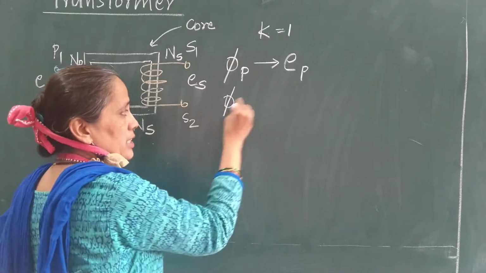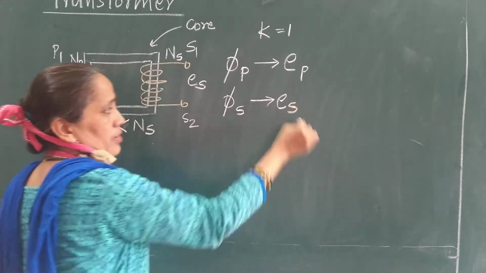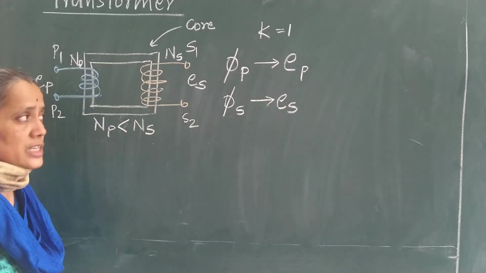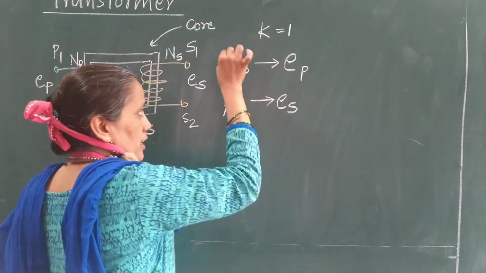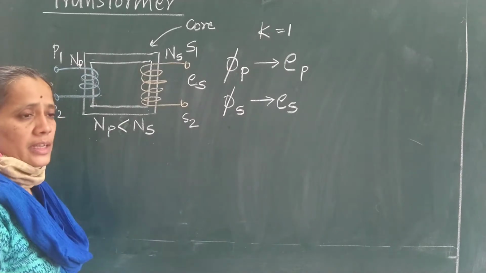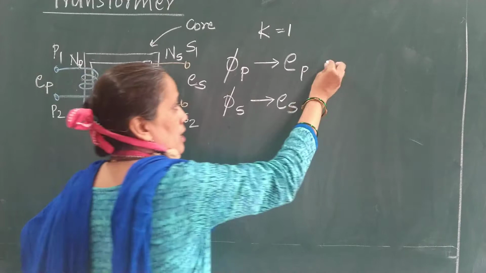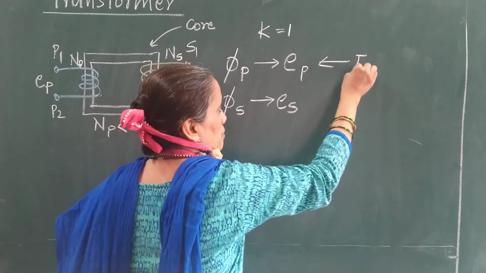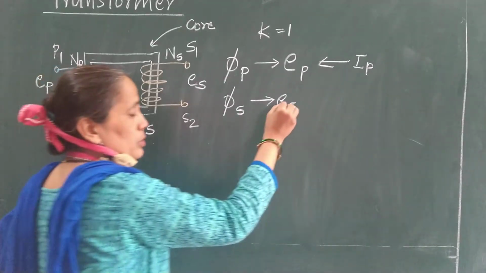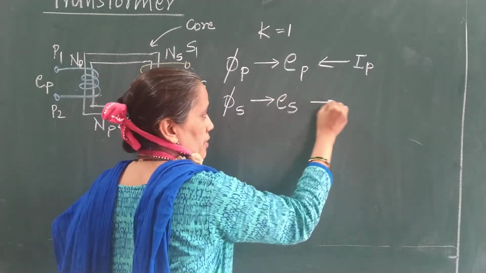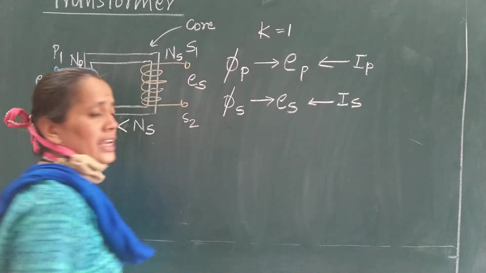Due to that change in magnetic flux in the secondary coil, there will be production of EMF in the secondary coil, denoted by ES. Now due to the change in magnetic flux in the primary, there is production of EMF EP, which gives us the induced primary current IP. And due to this ES, the induced EMF across the secondary, we have an induced current across the secondary, IS.